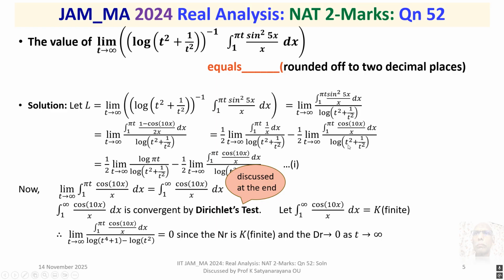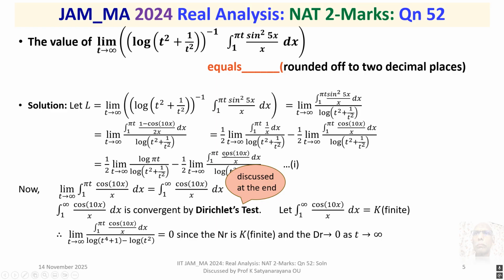This log of (t square plus 1 by t square), when you take the LCM, is log of (t to the power of 4 plus 1) by t square, that is log of (t to the power of 4 plus 1) minus log of t square. This denominator also tends to infinity as t tends to infinity. Right. This is possible because the numerator is a finite quantity, by the denominator which is tending to infinity as t tends to infinity.